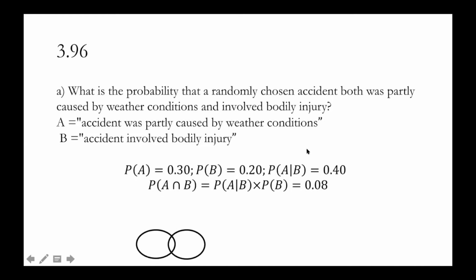You want the intersection of these two events. And in the introduction, you had this formula that the intersection of two events is equal to the probability of a certain event given the other event, times the probability of the other event.